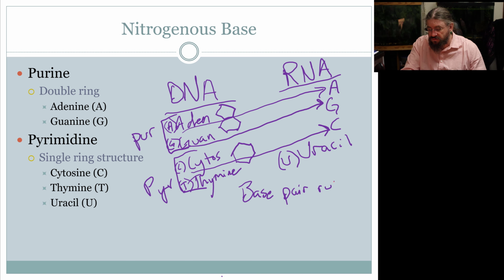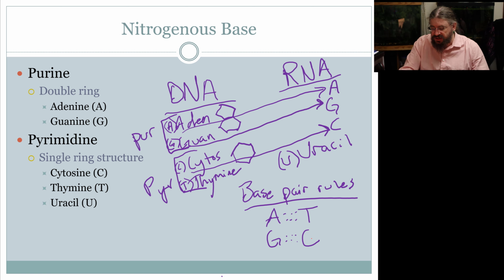A always hydrogen bonds to T. G always hydrogen bonds to C. And where A would hydrogen bond to T in RNA, it's A to U. All right, and vice versa.